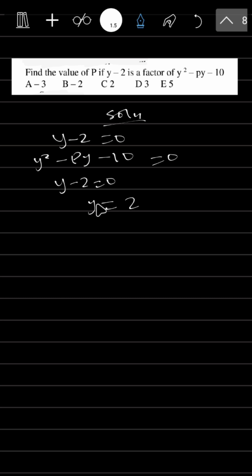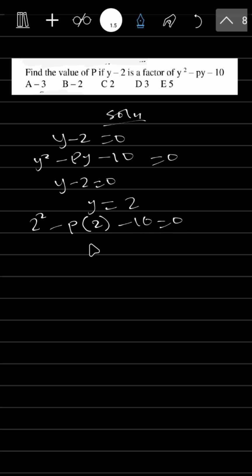Now let's put y equal to 2 into the given expression, then we get the value of p. Anywhere you see y in this expression, you put 2. So we have 2 squared, minus p, open bracket, because p is multiplied by y, and y is equal to 2, close bracket, minus 10 is equal to 0.